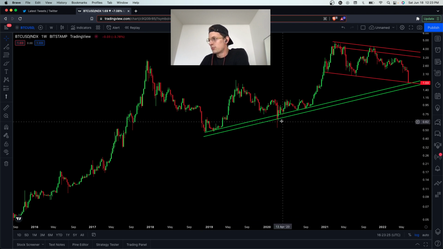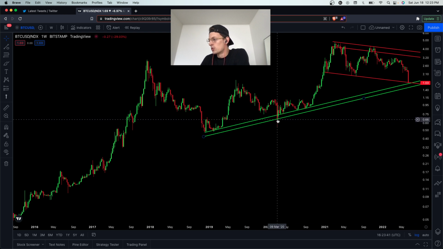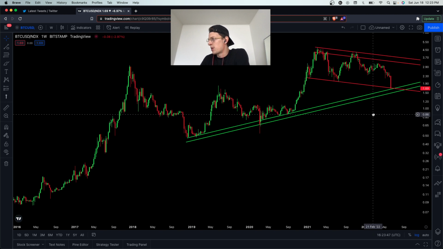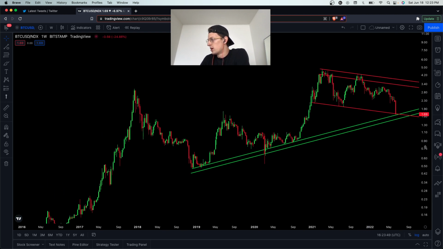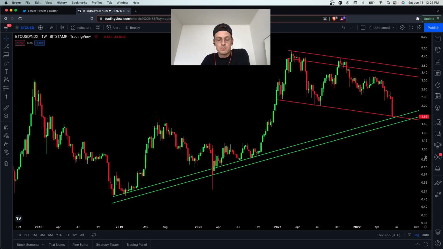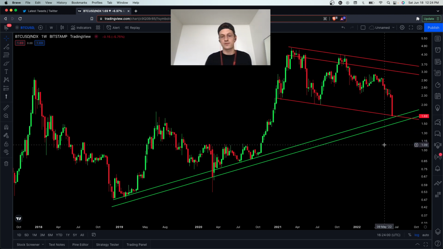We can see that we broke down beneath it temporarily in March 2020, but we weren't able to close below that level, which is why I ended up duplicating this green trend line and tagged it basically to the low close there in March 2020. And so as we come back into this range here, this pocket, this is going to be a very important potential support level. And if we end up seeing a breakdown beneath this green trend line, again, that would be cause for concern to again confirm a risk-off environment.